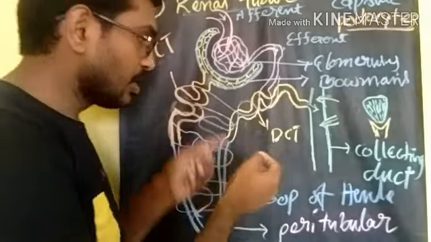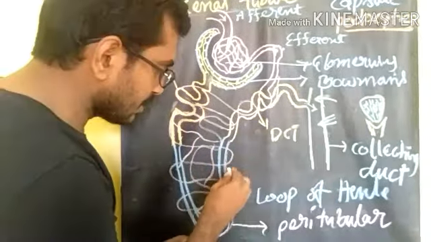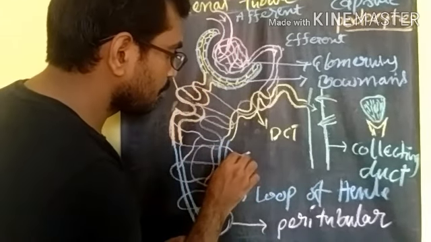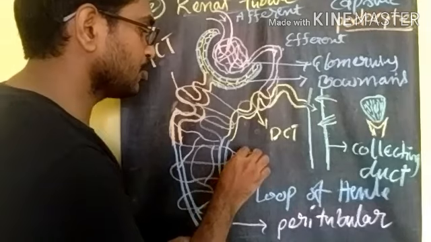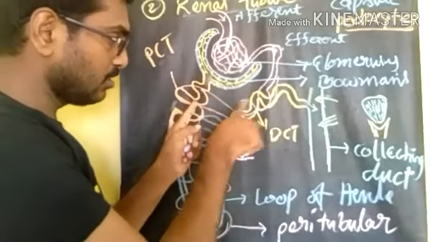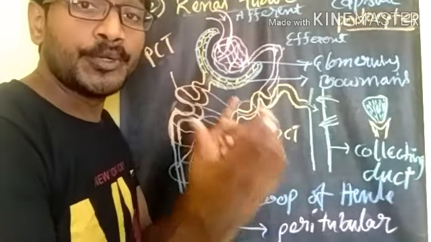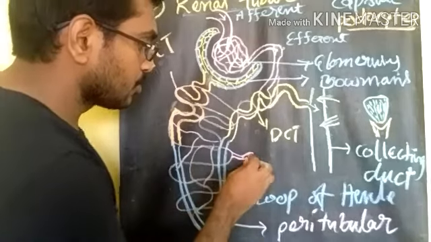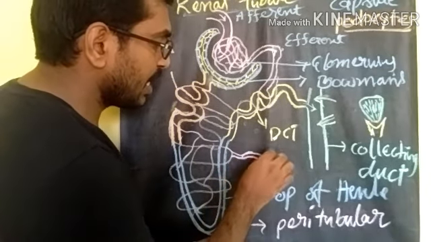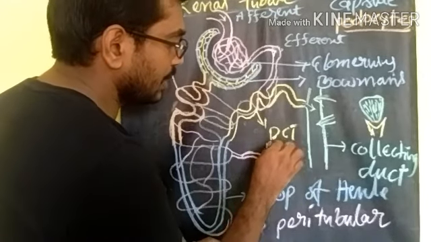The blood capillaries present in the peritubular network join with each other and form venules. All the nephrons' venules together form a vein called the renal vein.